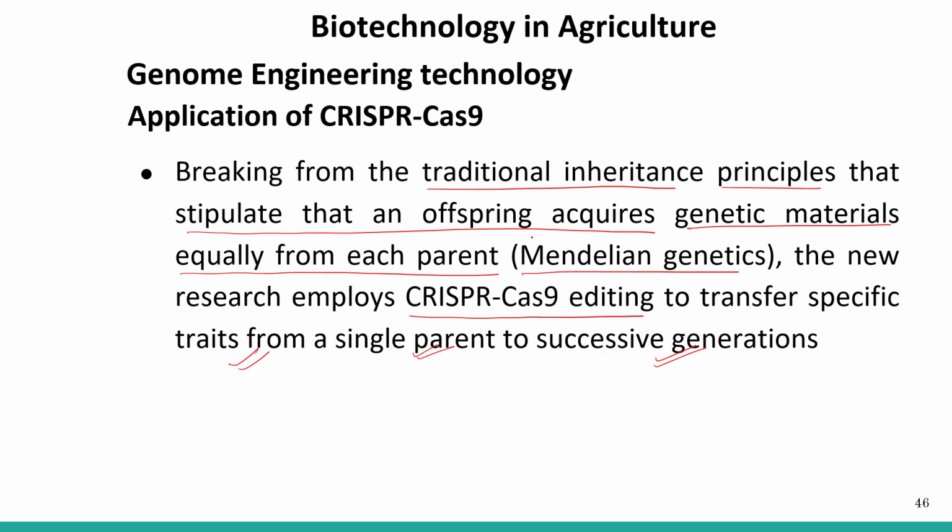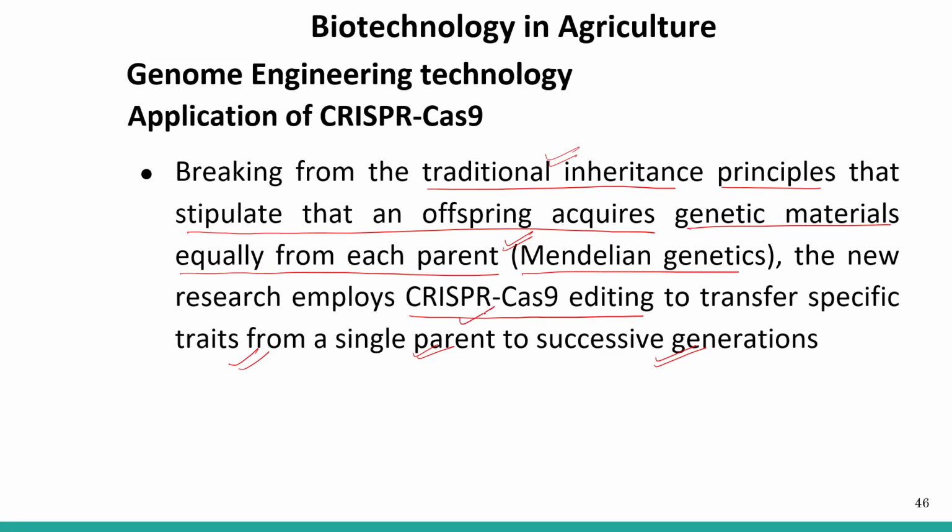Earlier we were totally based on Mendelian genetics, the traditional inheritance technique, in which two parents are crossed and we see whether the offspring has the desired characters from both parents or not. So that is by chance, right?